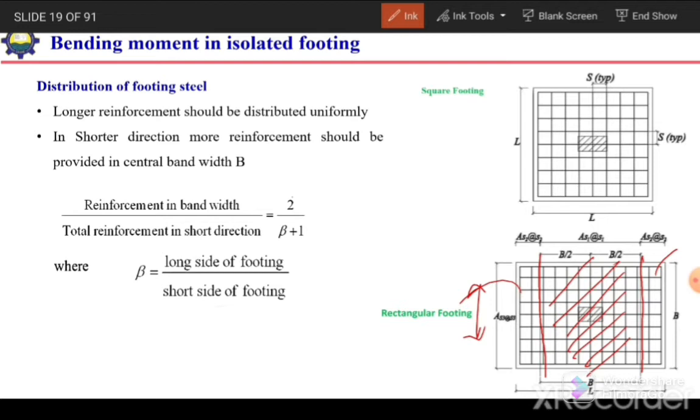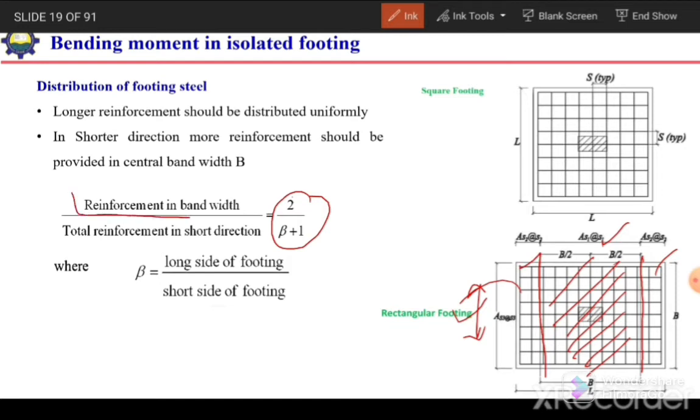So what we will do, we will calculate the total area of reinforcement required for the shorter direction, and then we will provide this much fraction of this total area to this central band, and the remaining will be provided at the edges.